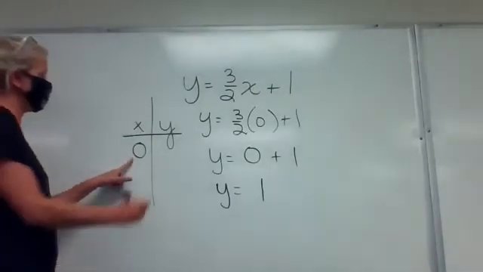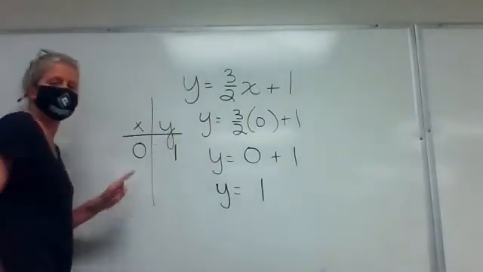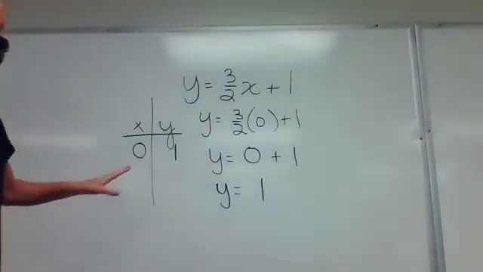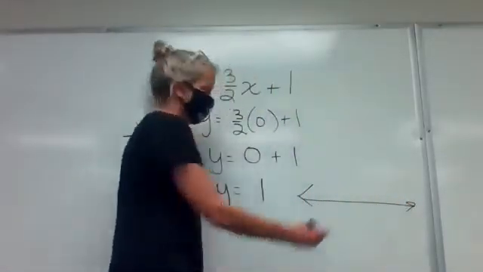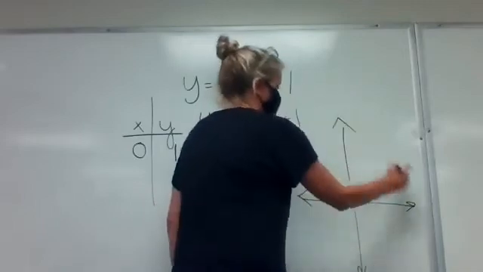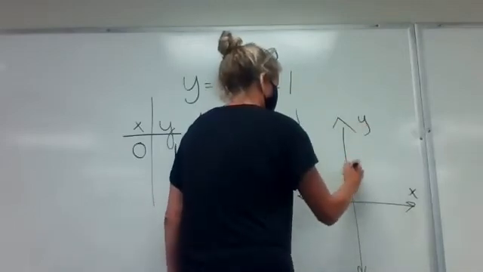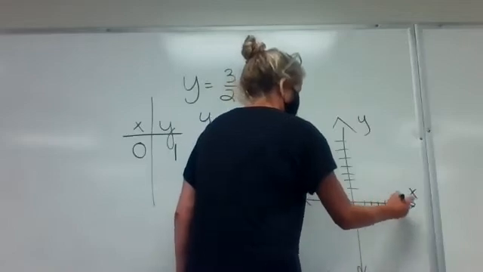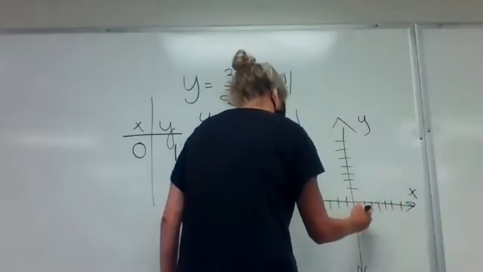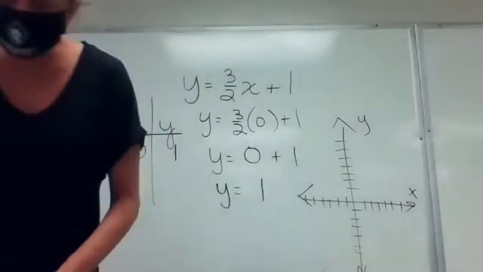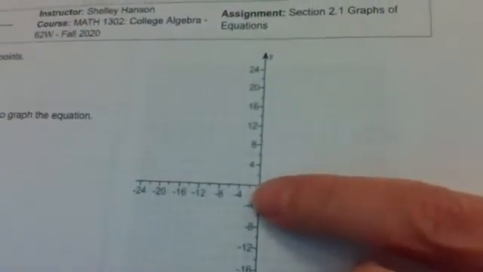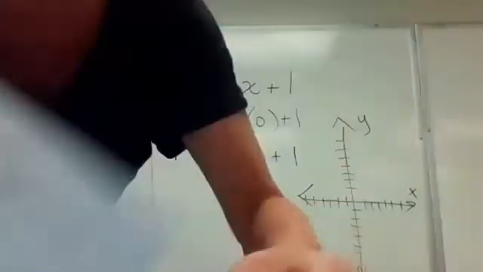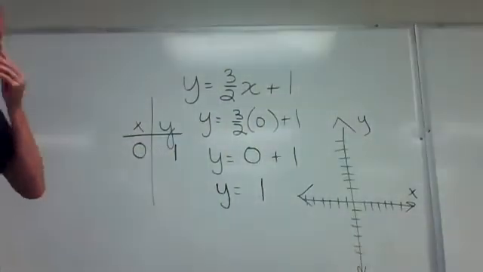So when you plugged in 0 for X and did the math, it gave you a 1 for the Y. What you're coming up with here are points on this graph. If you print these off, on a lot of graphs you'll notice that these hash marks go by 2s. That one will be 2, that will be 4. So it's hard to graph on these by hand.